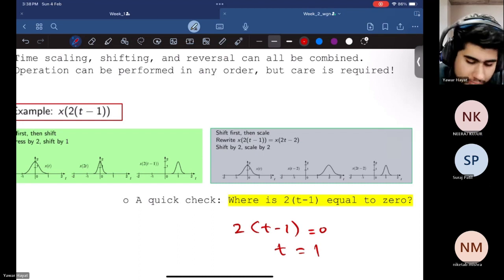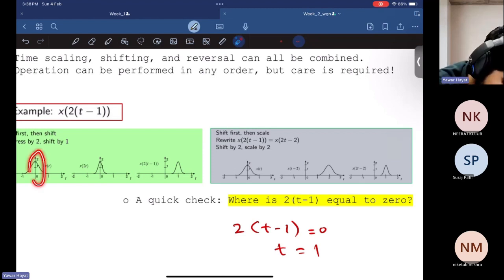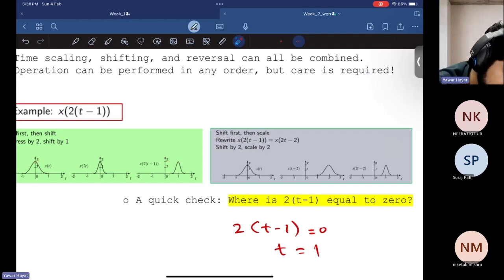And notice, earlier, the value of x of t at t equal to 0 is the same as the value of the signal at this t equal to 1, right? 2 for both. I hope this is clear.